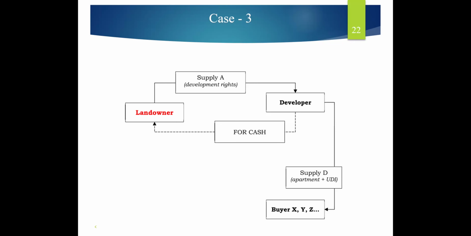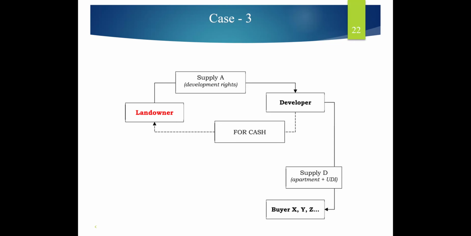In a typical revenue sharing JDA, the landowner and developer enter into a joint development agreement, and they will construct apartments and sell them to a buyer XYZ, and they will collect an amount. They will pay 5% GST on that, and whatever amount comes to an escrow account will be shared between landowner and developer.